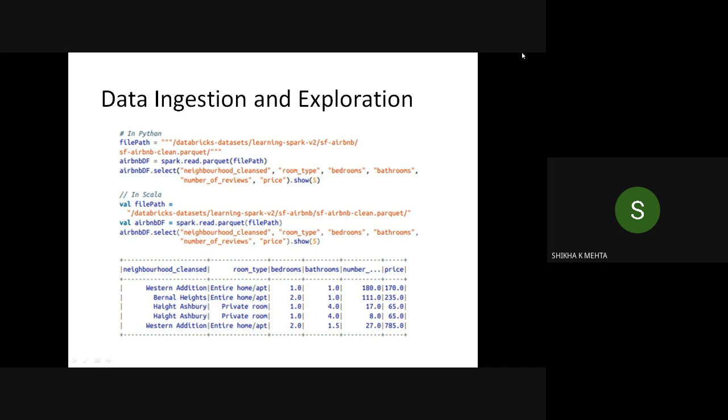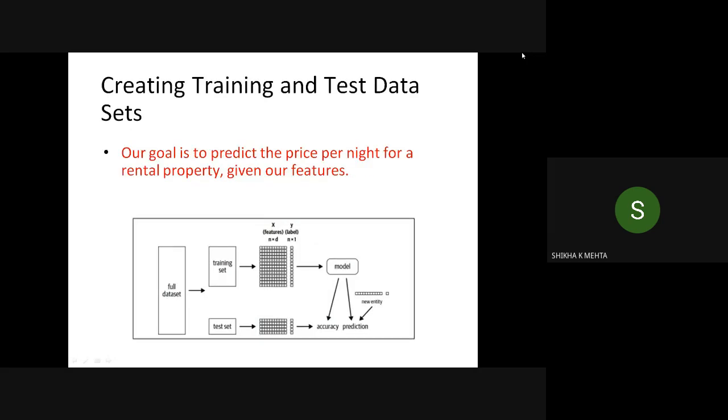In this data set we have multiple features and attributes, but here we are showing only five of them, just to understand the data. So we are ingesting the data and then exploring. We just want to see what is there in that particular data. As you can see, the table shows the output, what kind of information is there. Similarly, we have done the same task using the Scala API.